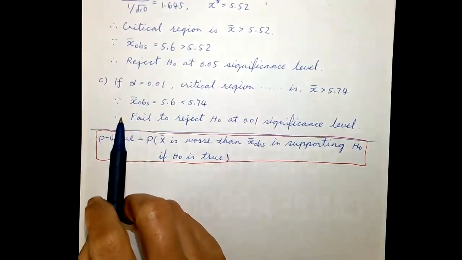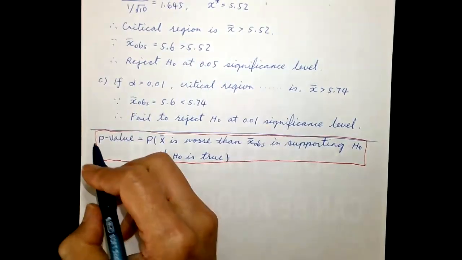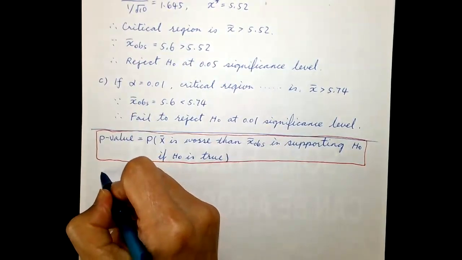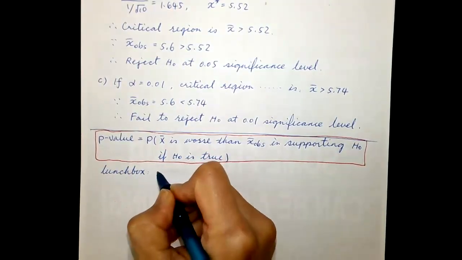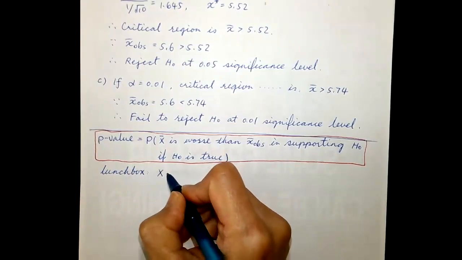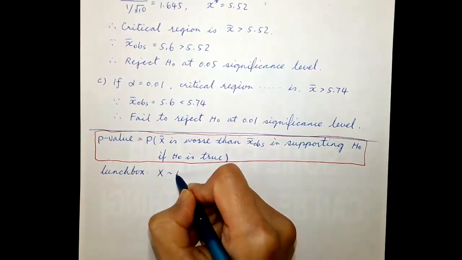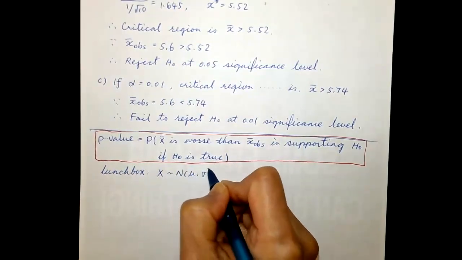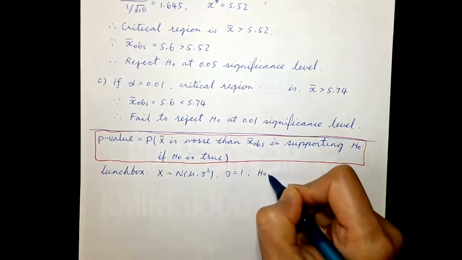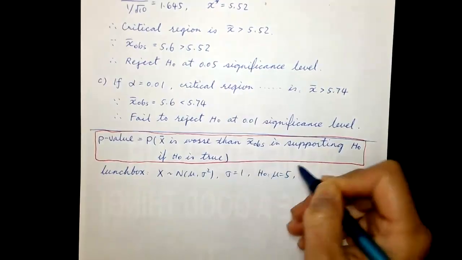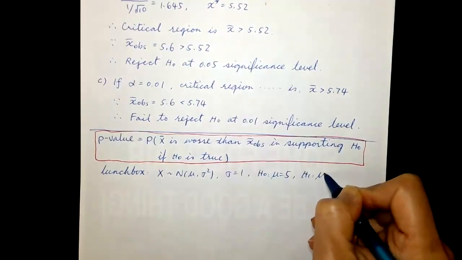Let's try with our lunchbox example. So the lunchbox fat content in one box is X. All the statements before.